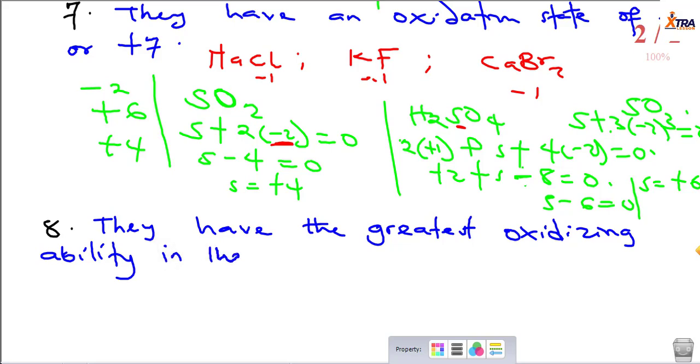In the periodic table. Now, what can you say about this?